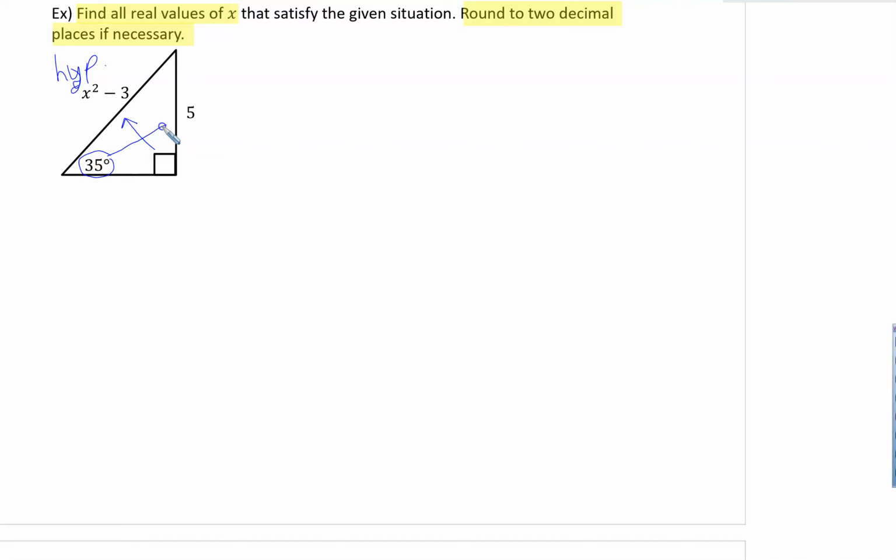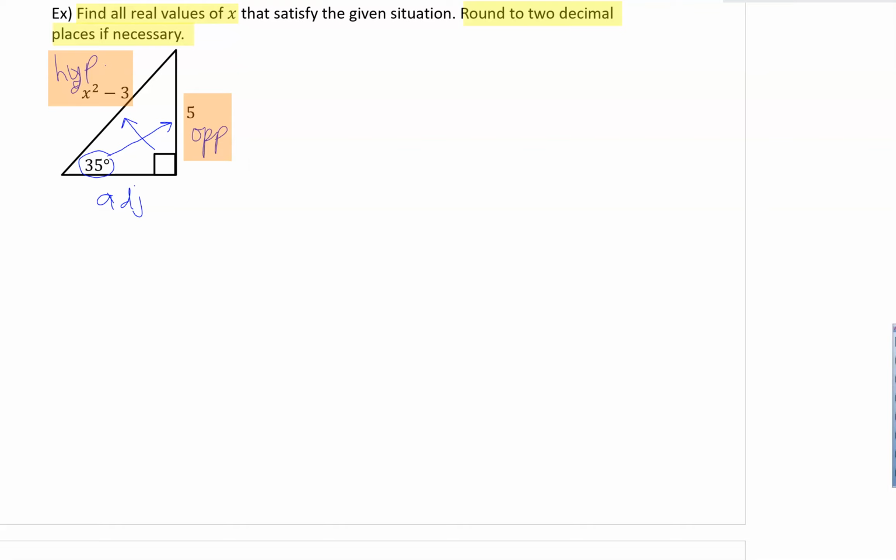Going across our triangle, we hit the side that measures 5, which makes it an opposite. That would make this third side our adjacent side. But in this problem, the sides that we care about are the sides we have information about, which are the hypotenuse and the side opposite, which is the 5.